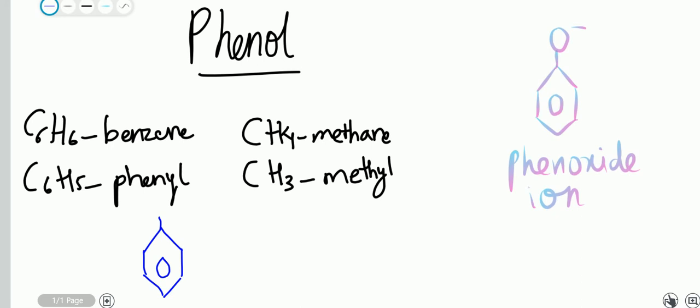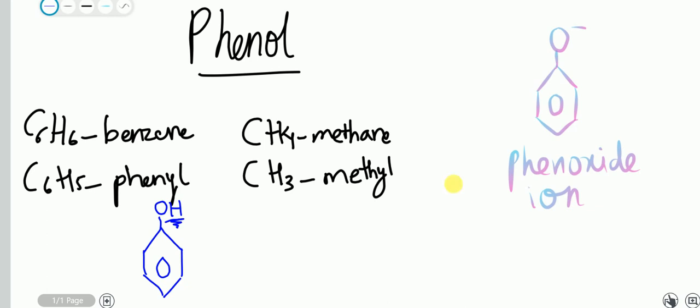So over here in this blue structure we have 6 carbons and 5 hydrogens, and the last thing that we have over here is a hydroxide group attached, and whenever we have this hydroxide group attached, that means that it's an alcohol, right?